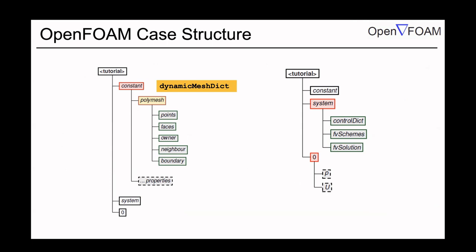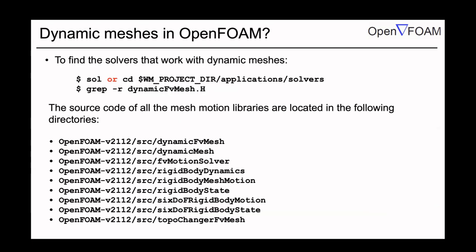Yeah, so we'll see what are the different parameters for that. Okay, so I'm not showing you, but here also you can use this grep command, which I showed before. If you grep dynamicFvMesh.H, which is the main header file of the dynamic mesh libraries, you can see within the source code folder what are the different codes or libraries that use dynamicFvMesh.H.